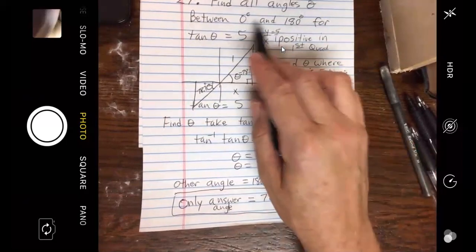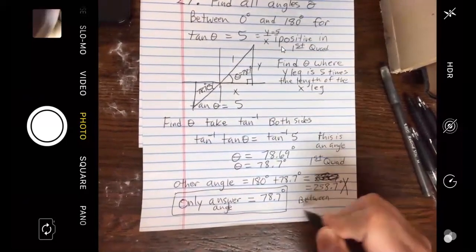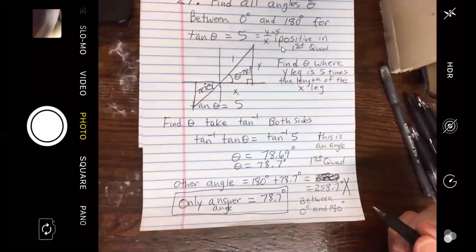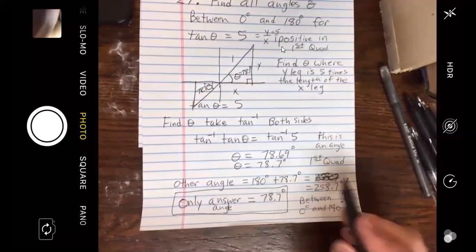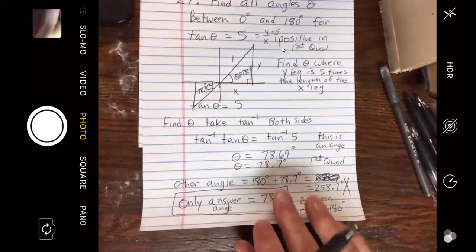Again, between 0 degrees and 180 degrees. A lot of times they're worded between 0 and 360, and you would include this if it was. But it isn't, so don't worry about it.